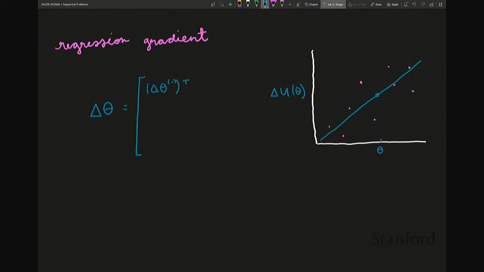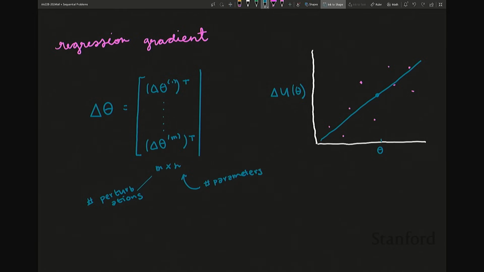And we're doing a perturbation for each of our parameters. And this is going to be m by n, where m is the number of perturbations, and n, again, is the number of parameters.